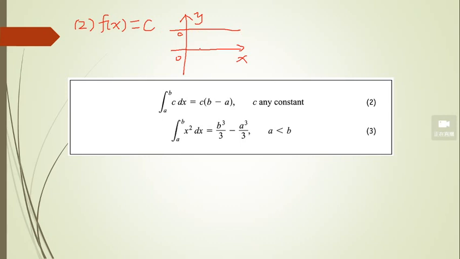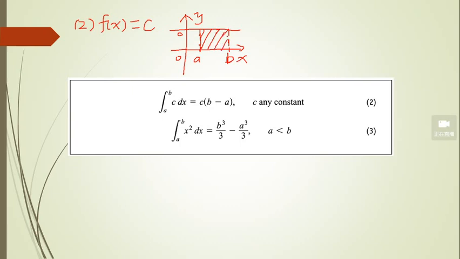So for example, if I choose a and b here, what is the shape of the region S? If I choose a to b, find the area under the function f(x) equals c from a to b. What is the area of this one?